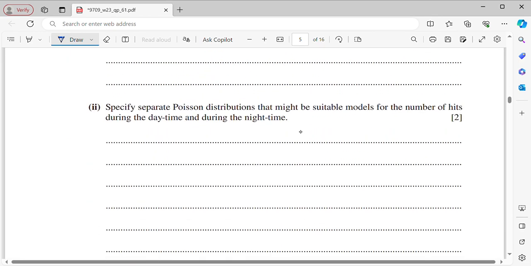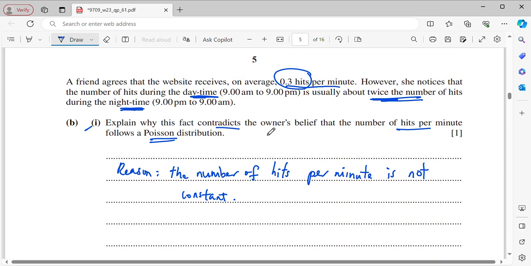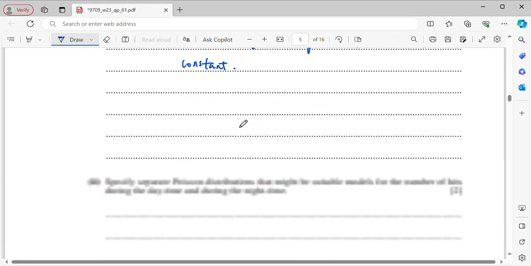Now part 2: specify separate Poisson distributions that might be suitable models for the number of hits during the daytime and during the night time. From the previous question, we know that the number of hits during the daytime is twice the number of hits during the night time.